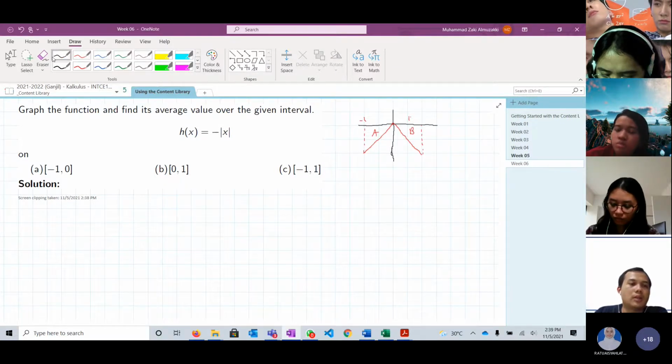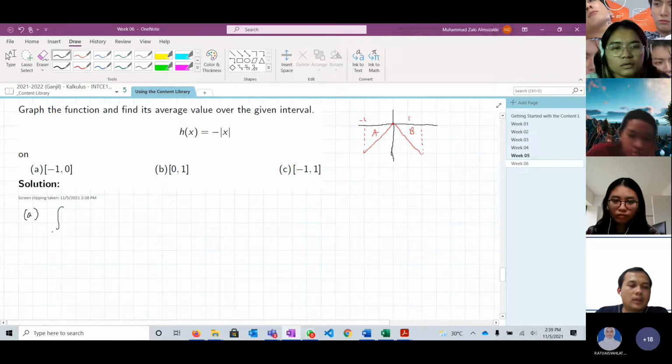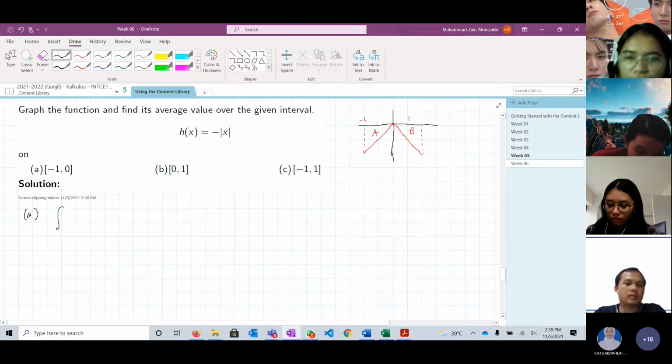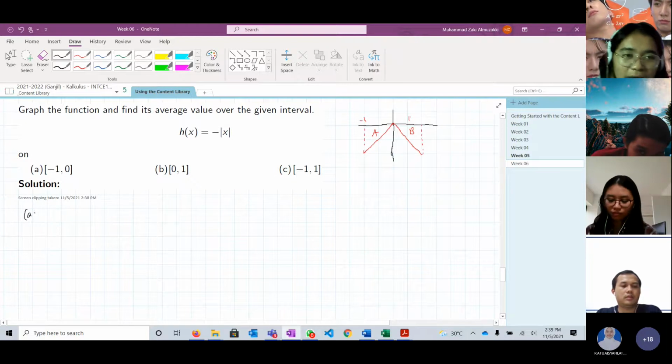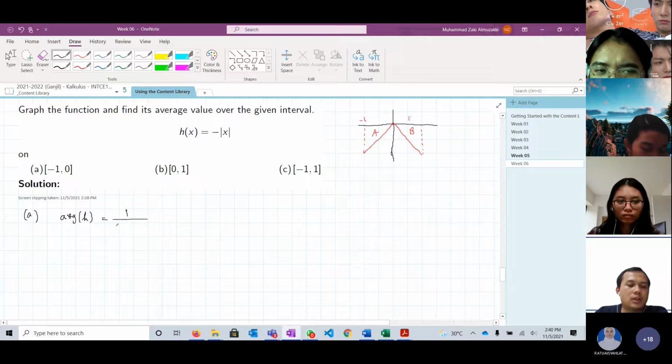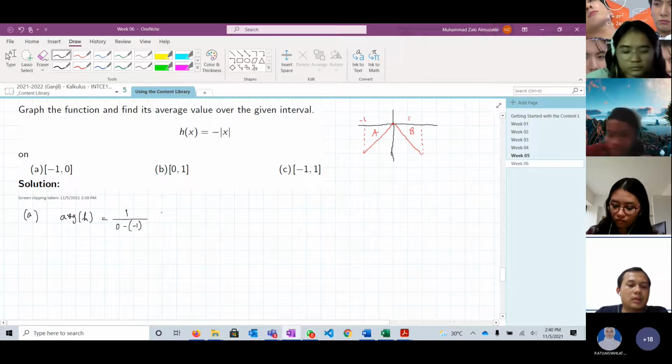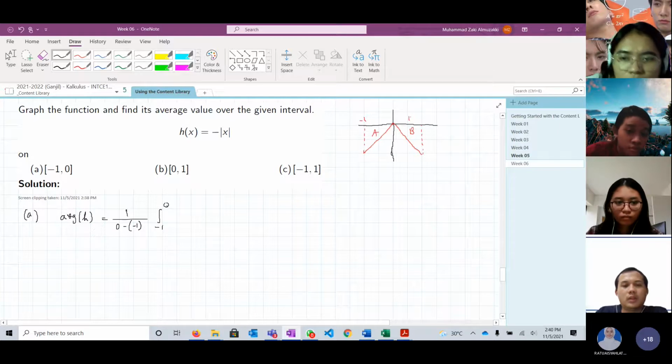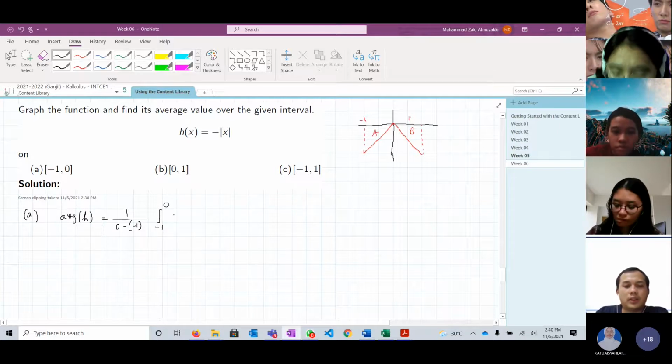Okay, so for A, the average of h is 1 over 0 minus 1 times the integral from minus 1 to 0 of x dx.